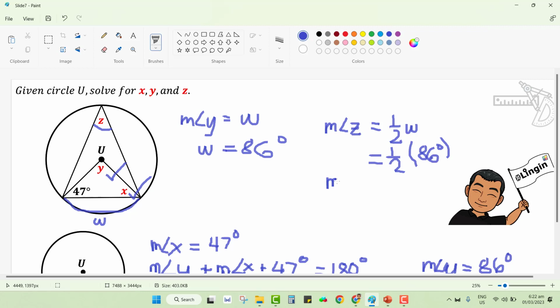In short, the measurement of angle Z is equal to half of 86, which is 43 degrees. We have solved all three variables, including the one we added, which is the arc intercepted by two angles, the inscribed angle Z and the central angle Y. This is how we solve the unknown variables for this given circle U.